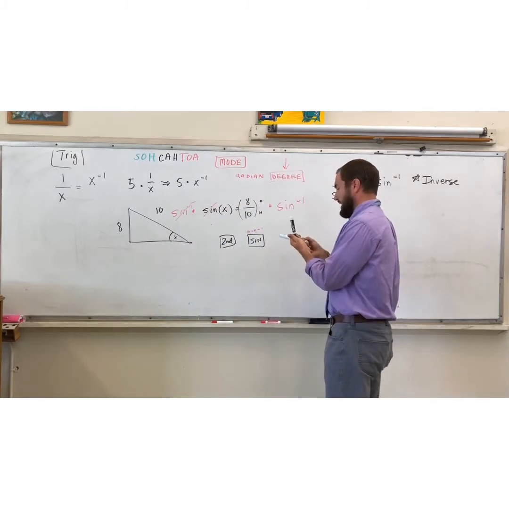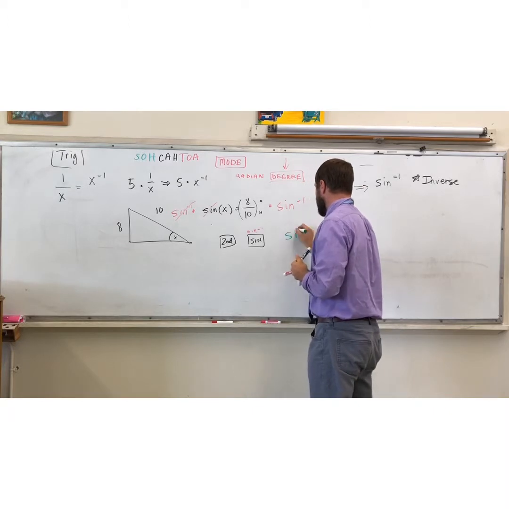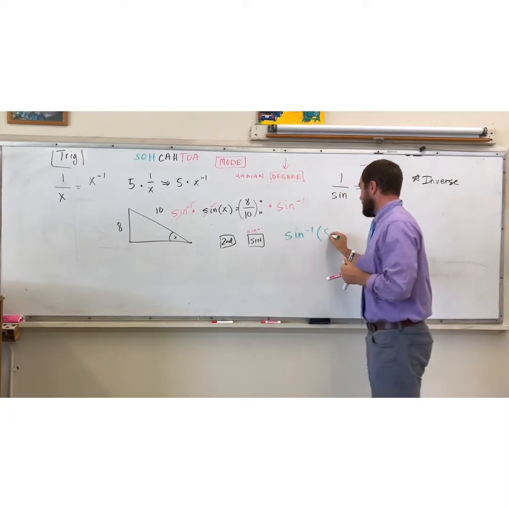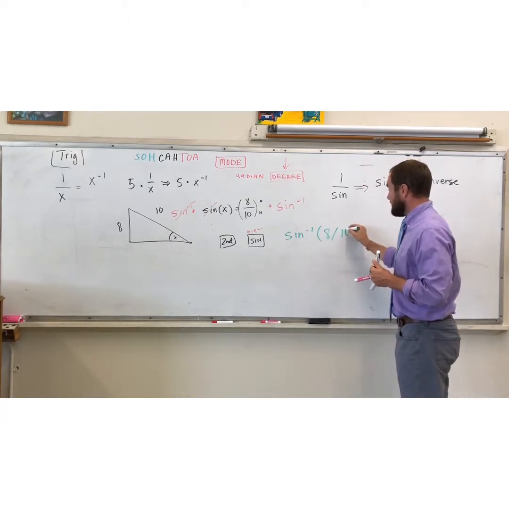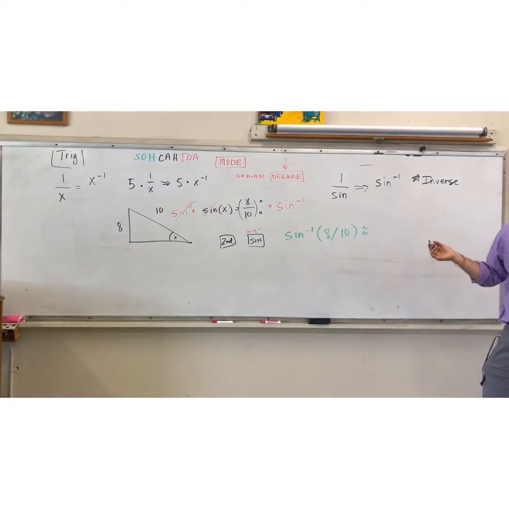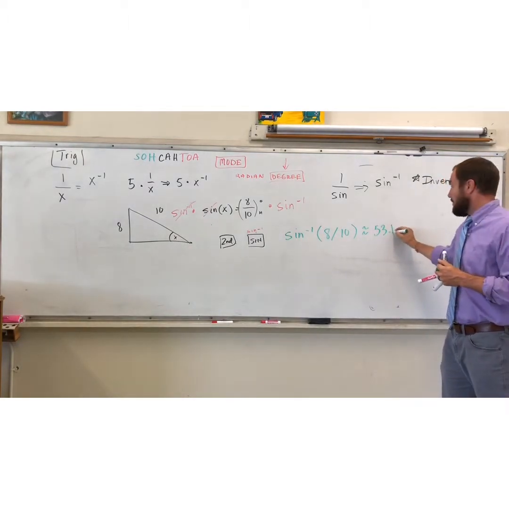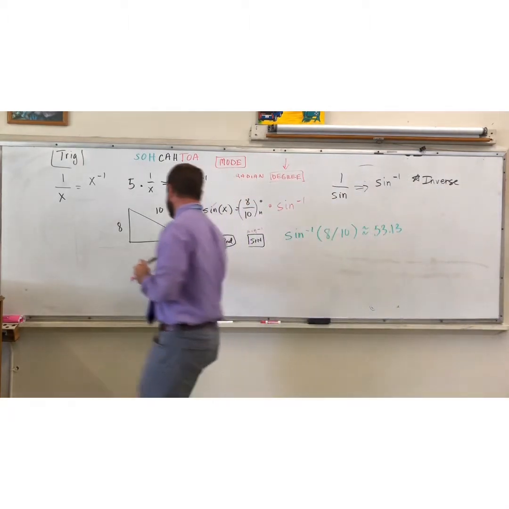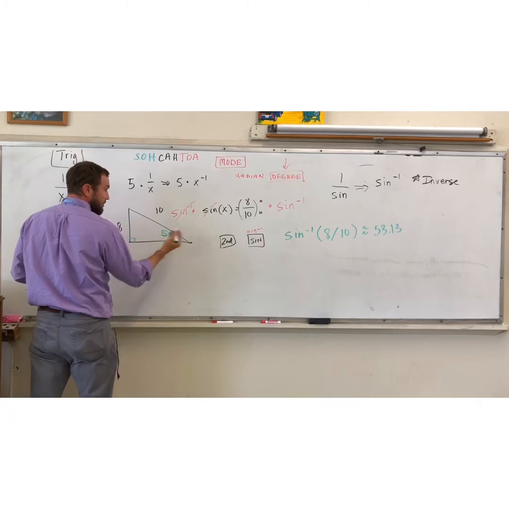And then you'll see on your calculator sine negative 1, and you're multiplying to 8 over 10, your opposite over hypotenuse, and then you would get something like 53.13. And that makes sense, because this is a 90-degree angle, and this would fit as a 53.13.